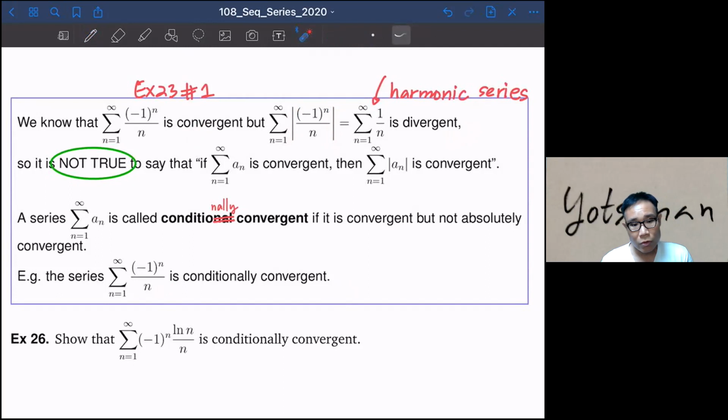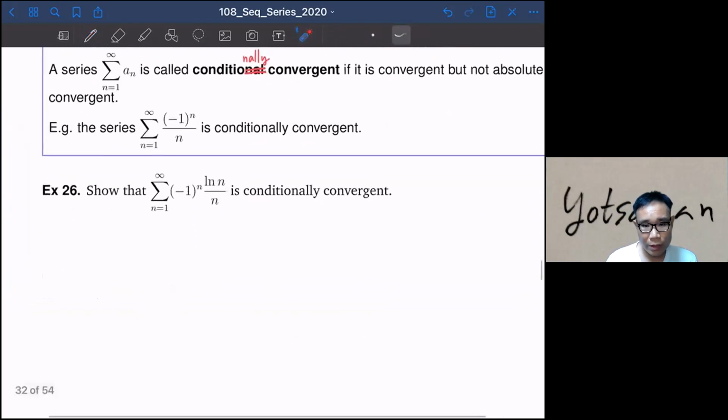Okay, so we're going to show that this series is conditionally convergent.